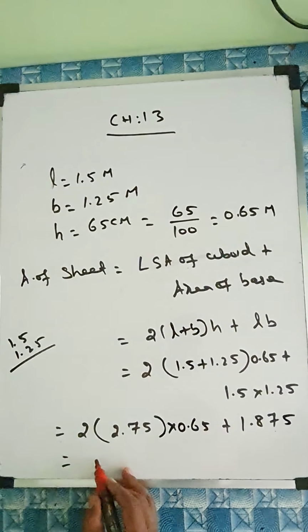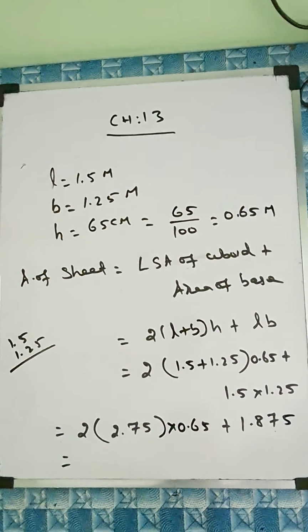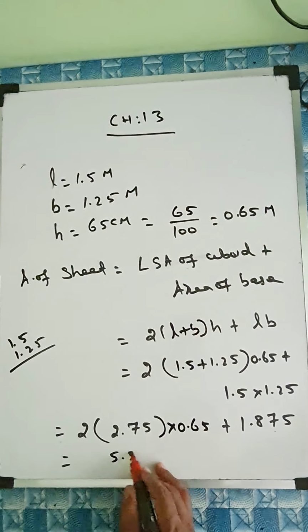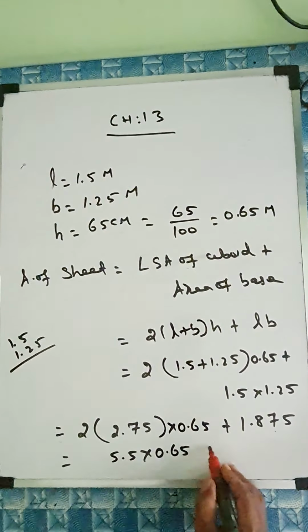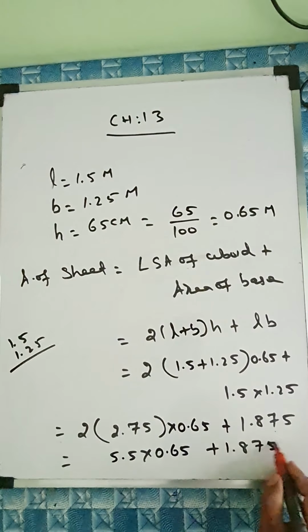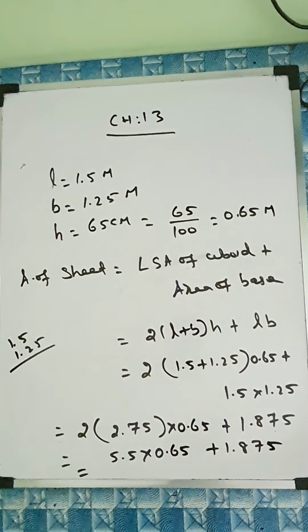So now 2 into 2.75 will be 5.5, into 0.65, plus 1.875.